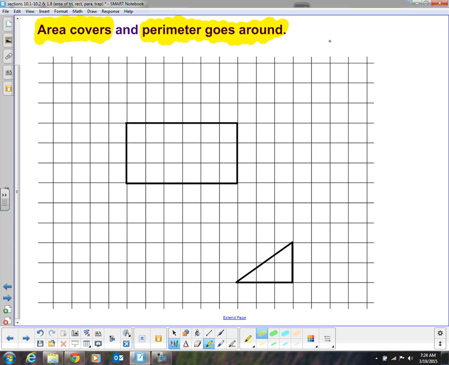These notes are 10-1, 10-2, and 1-8. Area covers, perimeter goes around.